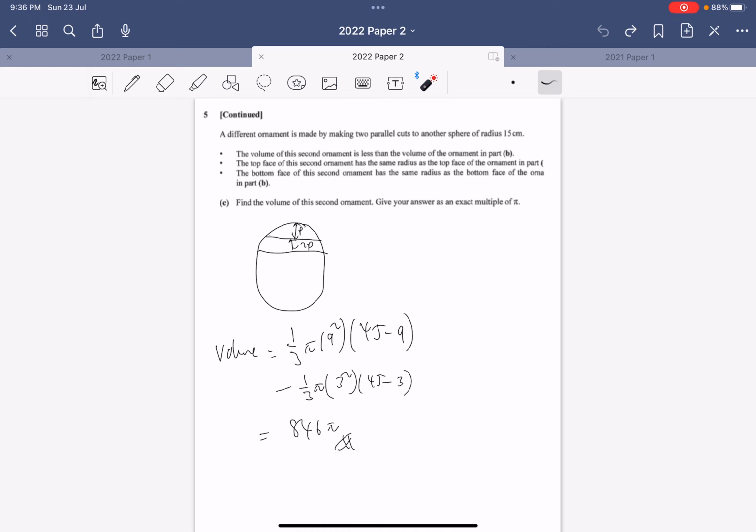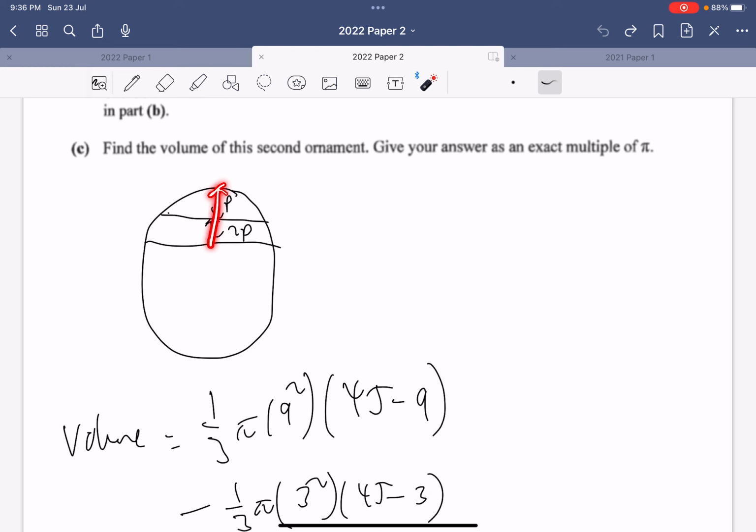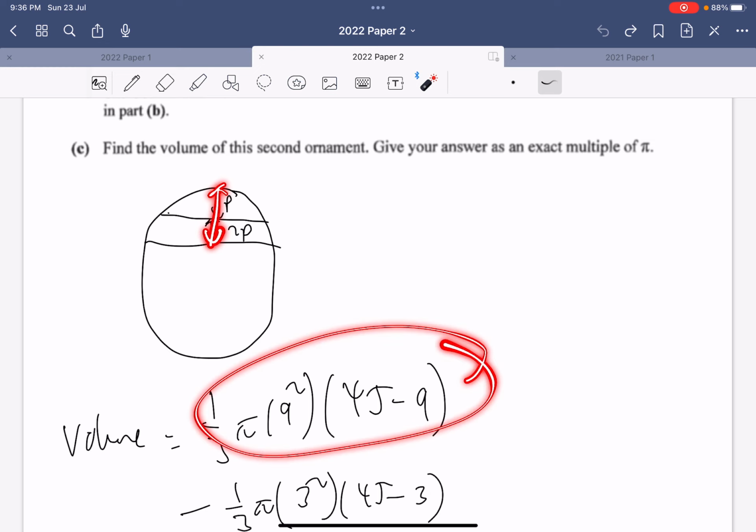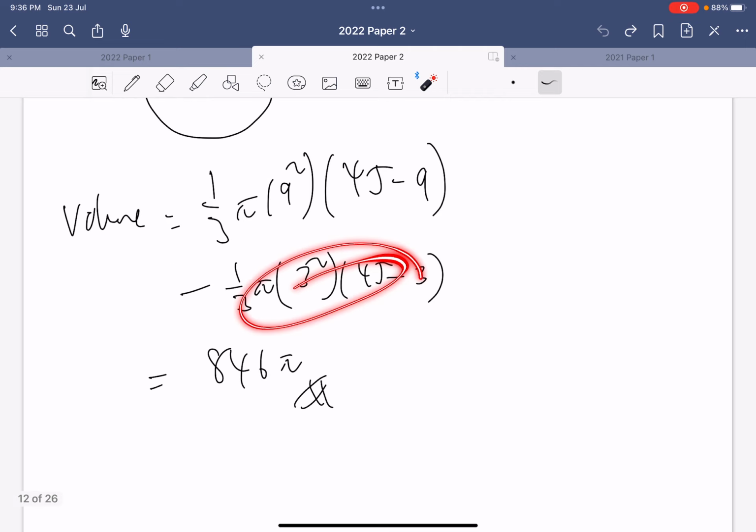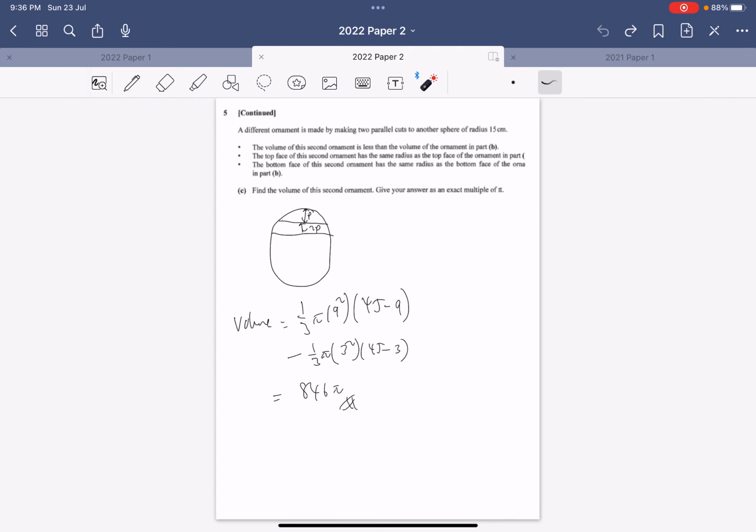But we don't need to know this length, because what we can instead do is use this larger cap formula over here. You minus away the smaller cap formula below, and you should get 846 pi. So I hope this is clear, and we'll move on.